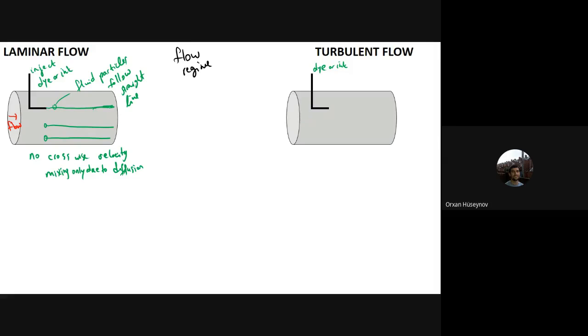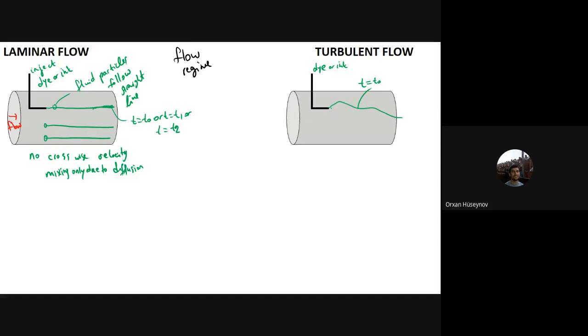For example, if I inject the dye at time t0, or time t1, or time t2, at all of the times you will see a straight line. It does not change. But for the turbulent flow, I will inject the dye at time t0, and the fluid particles will go in that way. Okay, this one is for time t0.